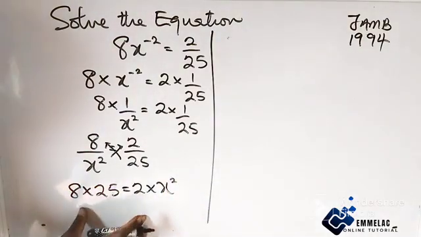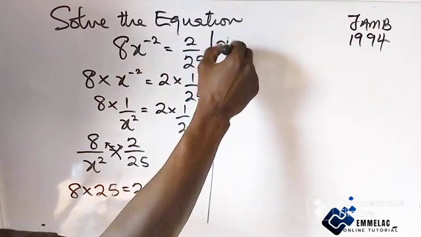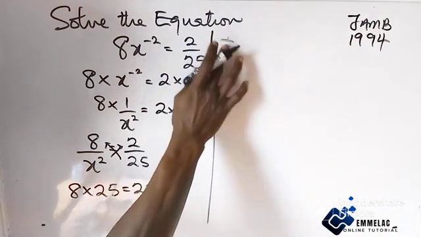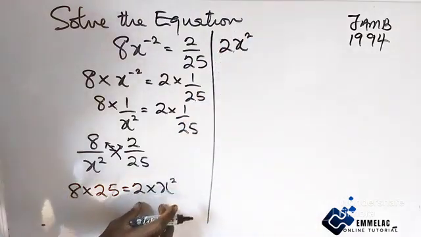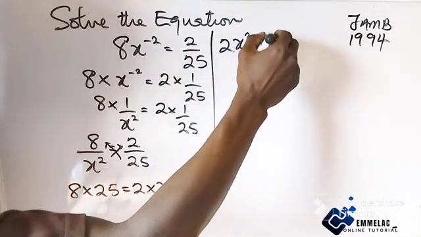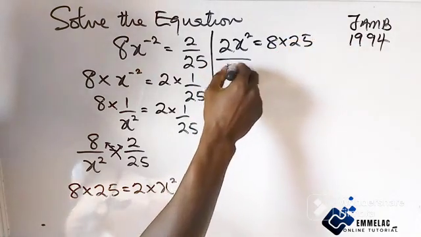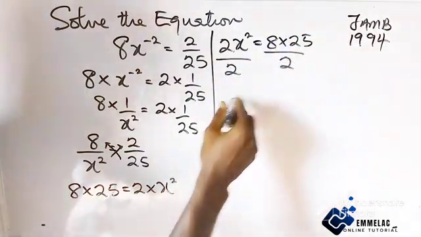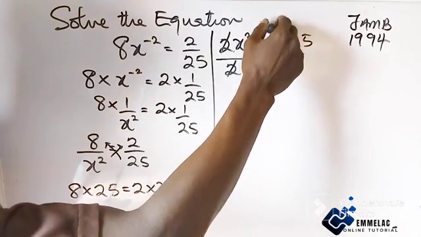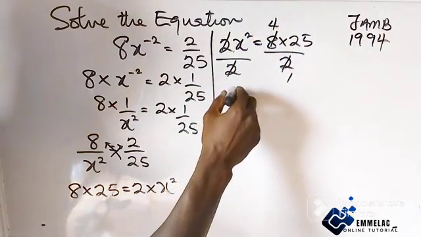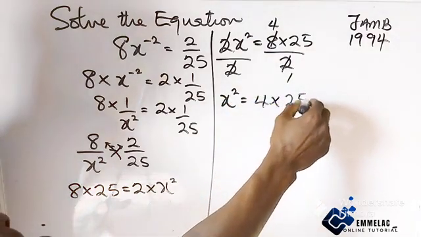Now you can say 2 x raised to the power 2 equals 8 times 25. Now divide both sides by 2. So this will cancel out this 2, here 1, and here we have 4. So here you have x raised to the power 2 equals 4 times 25.